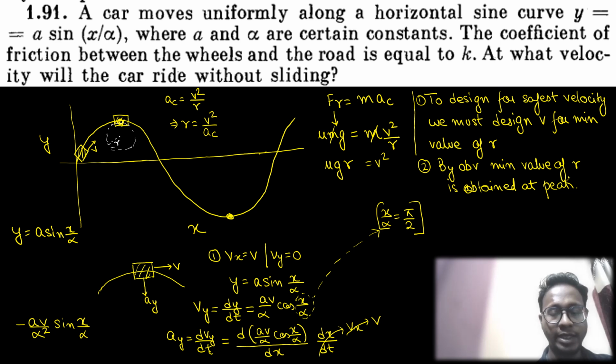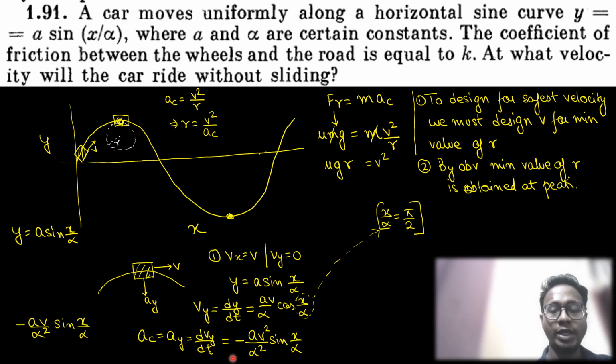So this entire term comes out to be minus av by alpha square sine x by alpha, and if you multiply this v to this equation, it would become v square. Understood this much? So the y component of acceleration at the topmost point is nothing but this value, which is also the centripetal acceleration.